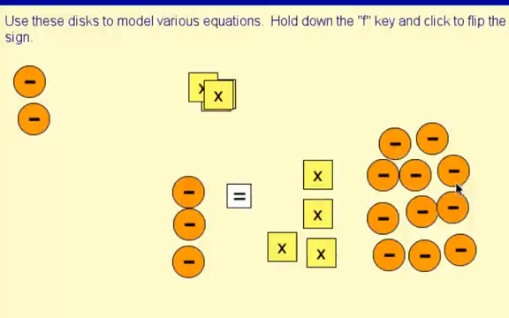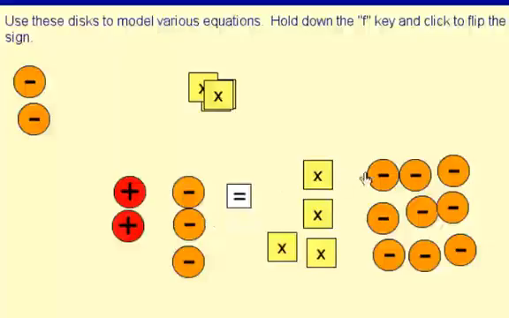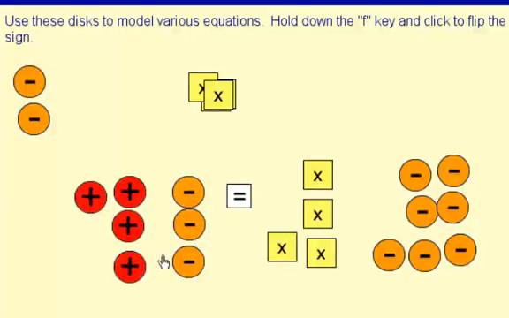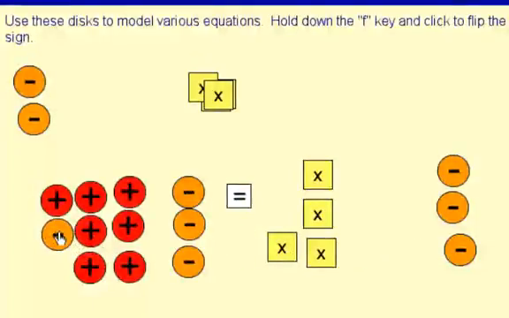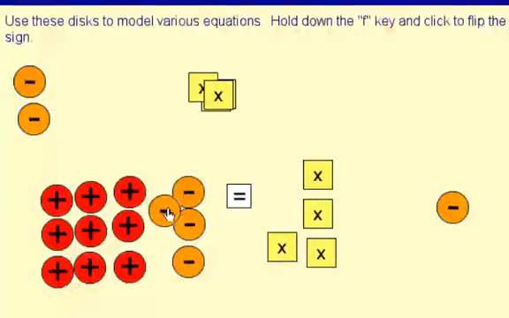So I'm going to take all these guys and move them to the other side and turn them into pluses. Okay, so I added 11 to both sides, and the negative 11 plus 11 made 0 on the right.